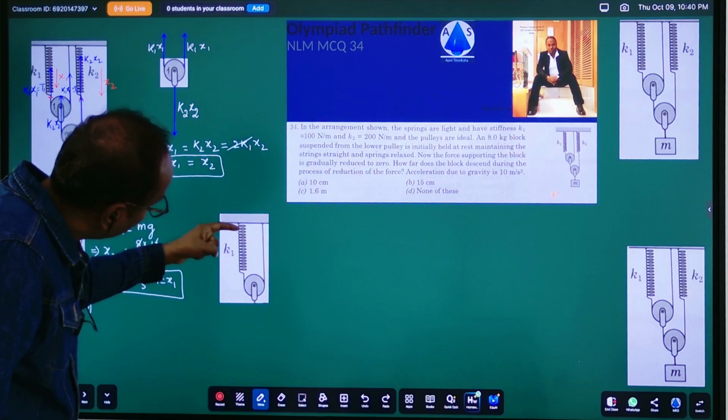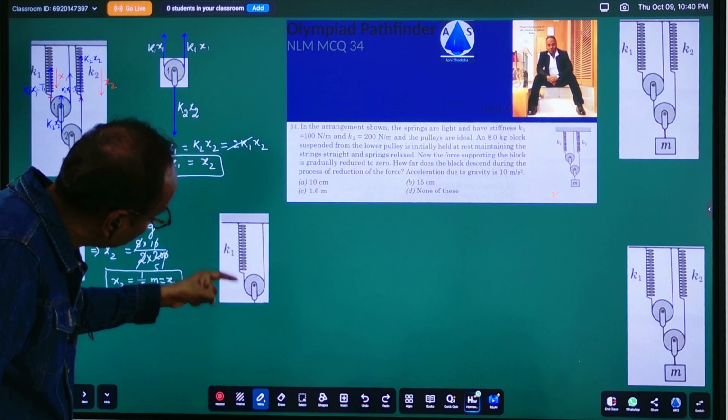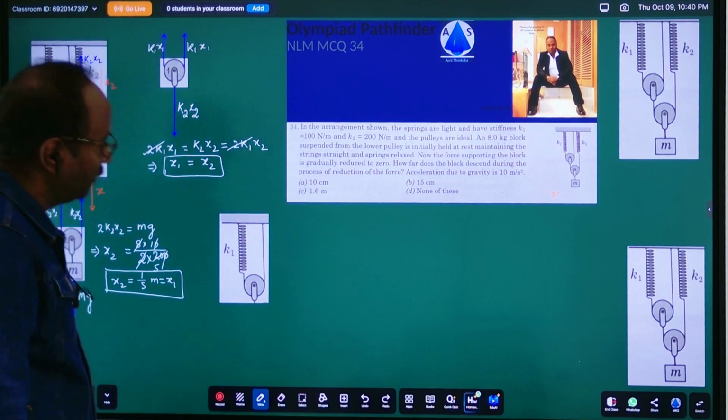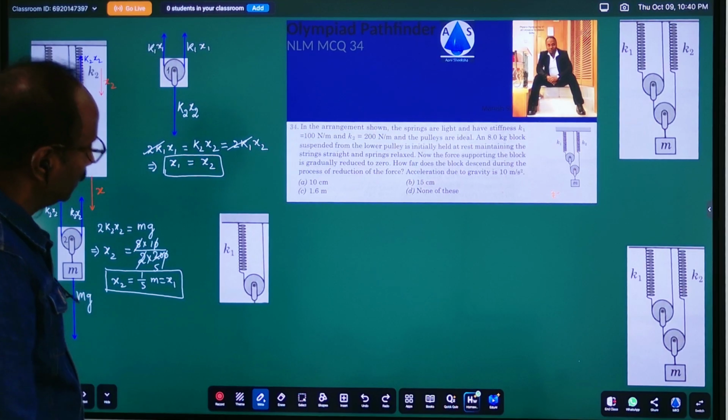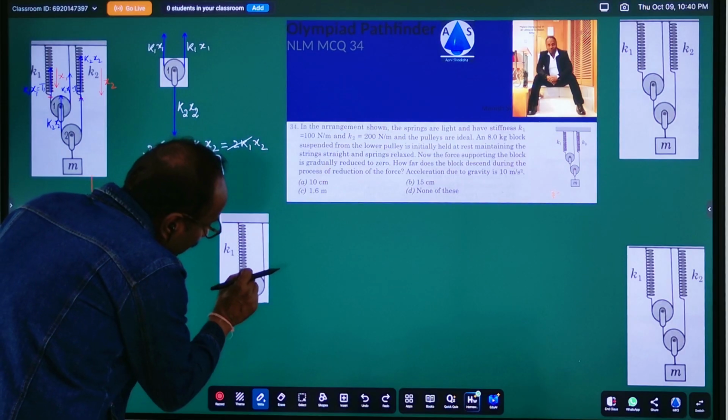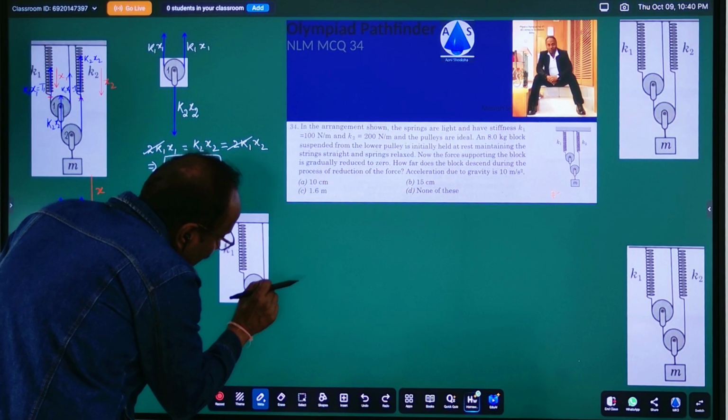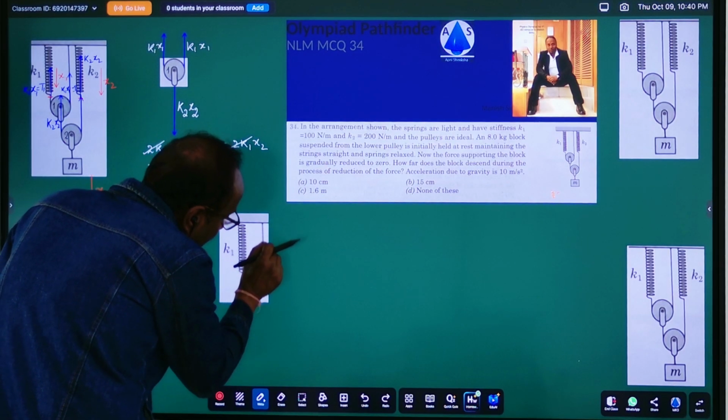There is an elongation of x1 in spring 1 and the other end of the spring is attached to the thread which is inextensible.